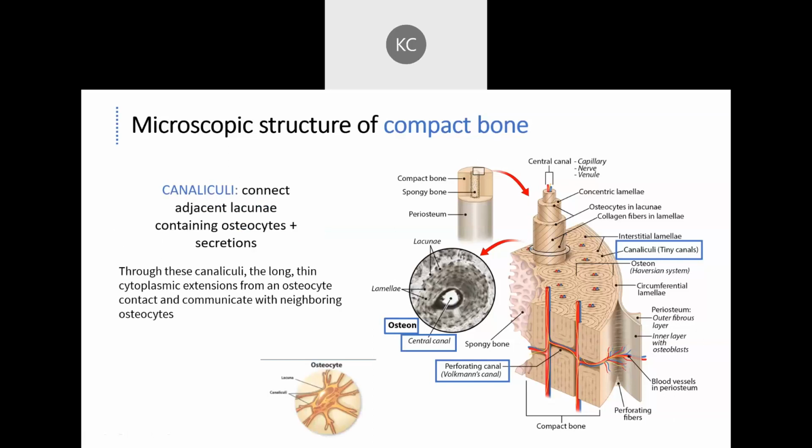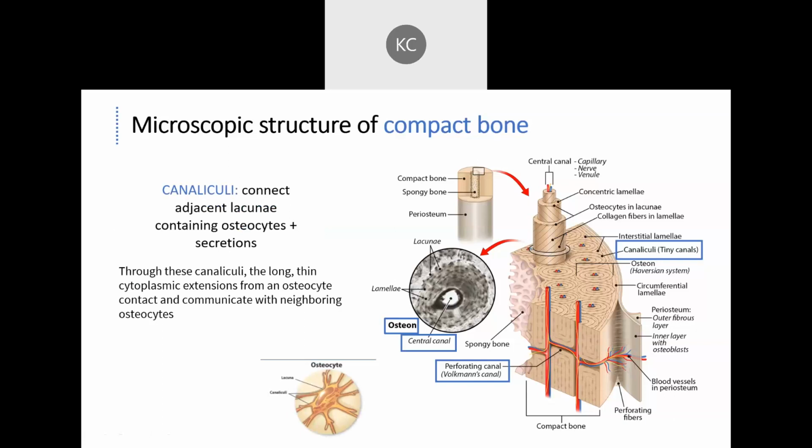We mentioned in the previous part that we have different cells in the bones. One type is called an osteocyte, one is called an osteoblast, one's an osteoclast. We said that after the osteoblast secretes its collagen fibers and its osteoid, which is unmineralized, or uncalcified, matrix, the osteoblast becomes trapped.